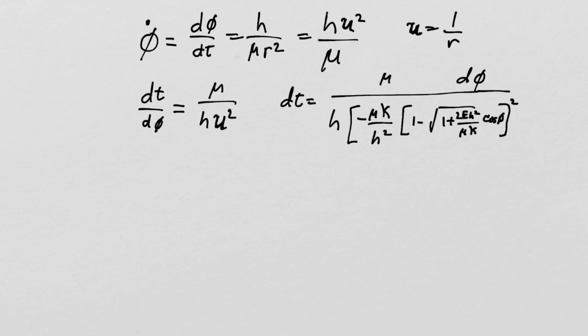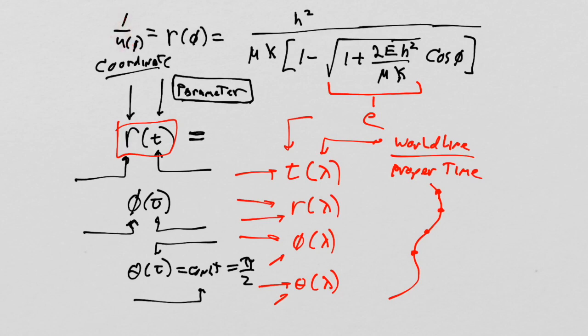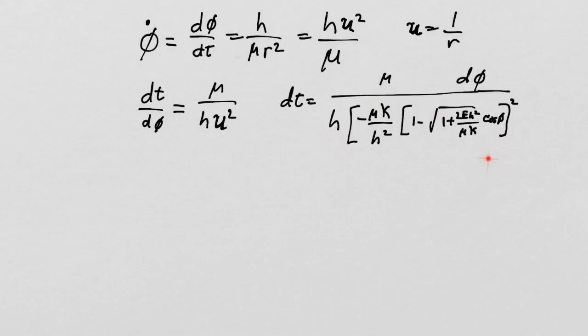It goes in the denominator of this object because u itself is just this divided by h squared. So 1 over u puts u in the numerator, puts this in the denominator. But it's u squared, so we've got to square this.